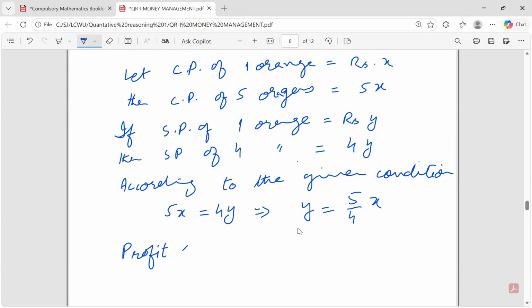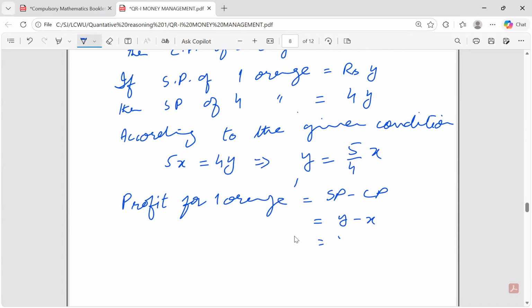Profit for 1 orange: cost price is smaller than sale price, so we have sale price minus cost price, which is y minus x. Substituting the value of y, that is 5 by 4 x minus x. Taking the LCM, we take x common, 5 by 4 minus 1 times x, which becomes 1 by 4 times x.